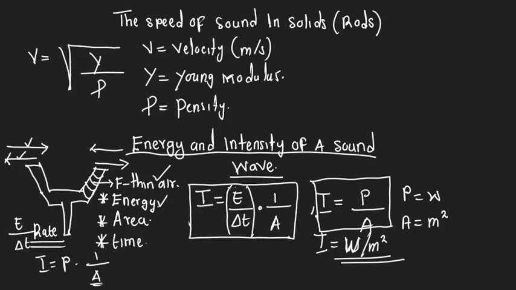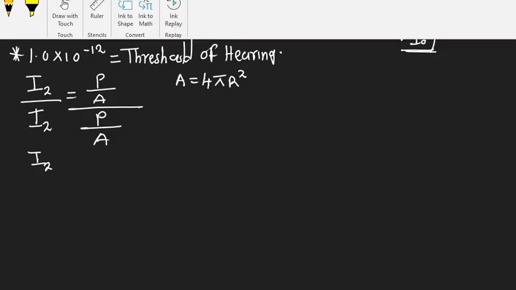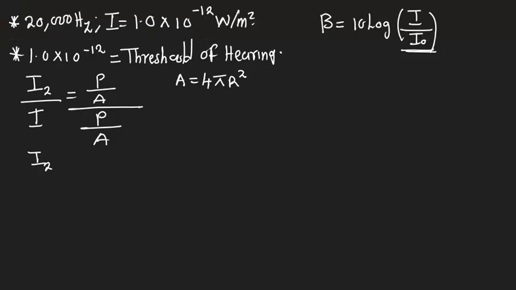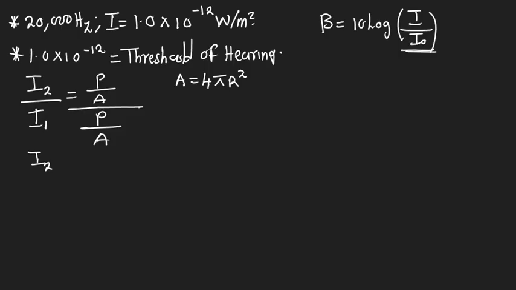Yes, this is the formula that we have here. Now, we know that the area for a round figure or a sphere is going to be 4 pi r squared.